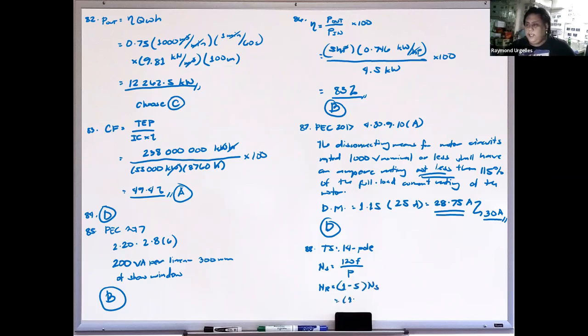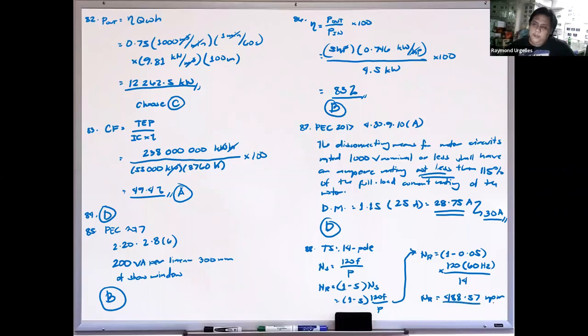So this is 1 minus S multiplied by 120 F over P. For the given, the slip is 5%, so that is 0.05, multiplied by 120. The frequency is 60 cycles, and the number of poles you will use is 14. When we solve this, we get 488.57 RPM. So this is letter B.